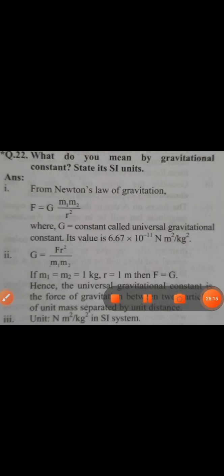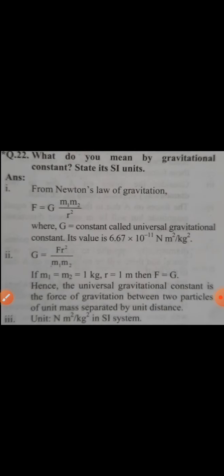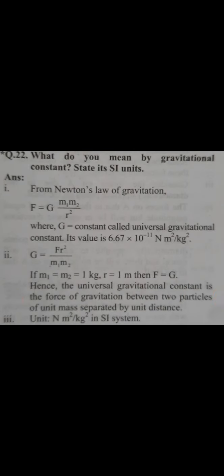Then we started the last point regarding dimensions. What are the dimensions of the universal gravitational constant? The dimensions of the universal gravitational constant are 3 in length, minus 1 in mass, and minus 2 in time. How does it come?